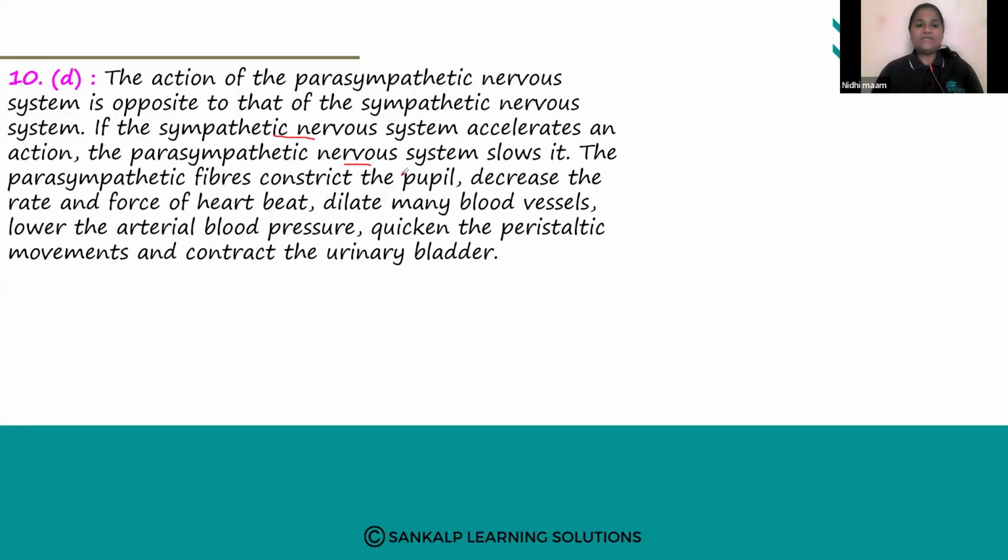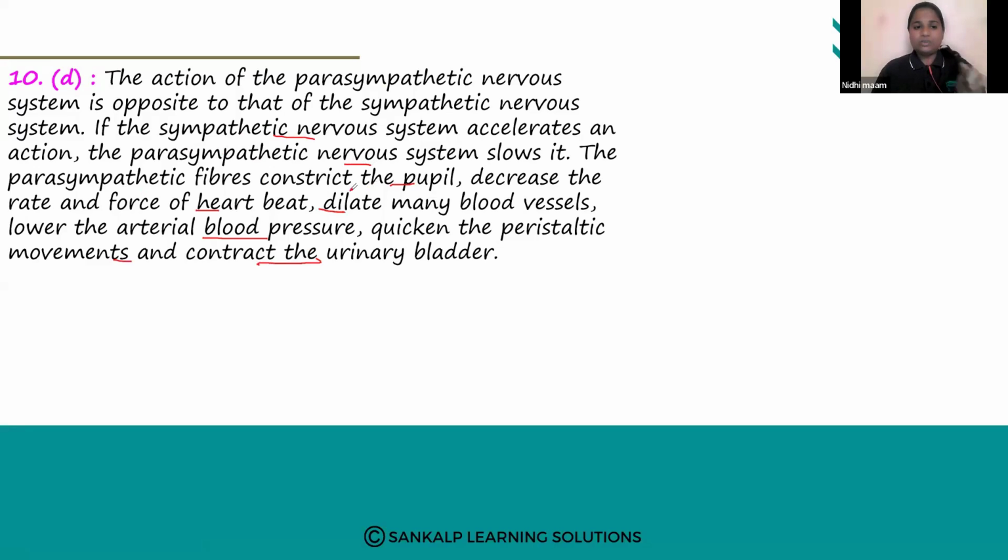So the parasympathetic fibers constrict the pupil, decrease the rate and force of heartbeat, dilate many blood vessels, lower the arterial blood pressure, quicken the peristaltic movements, and contract the urinary bladder. These are all functions of parasympathetic fibers.